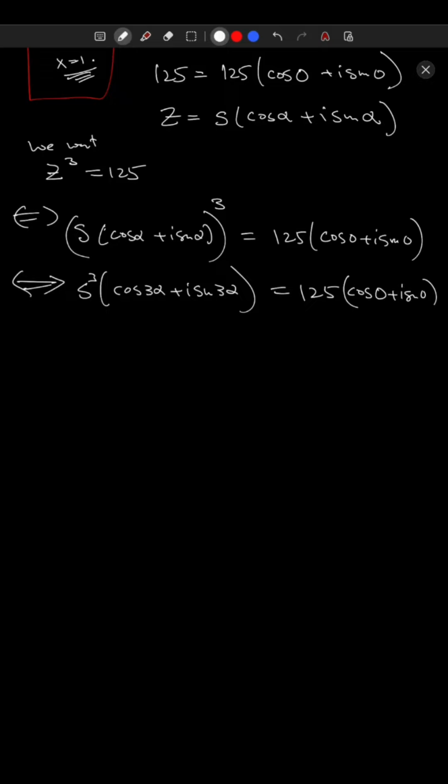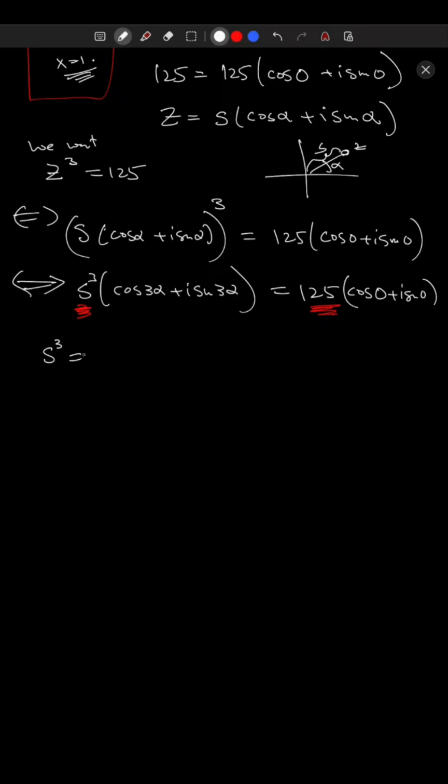Okay, so now we just match terms. The distances to the origin have to match. S cubed should be 125. And here remember, s is the distance to the origin, so it's a real number.